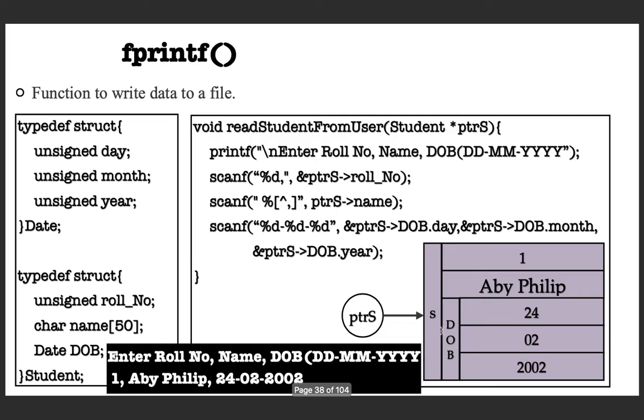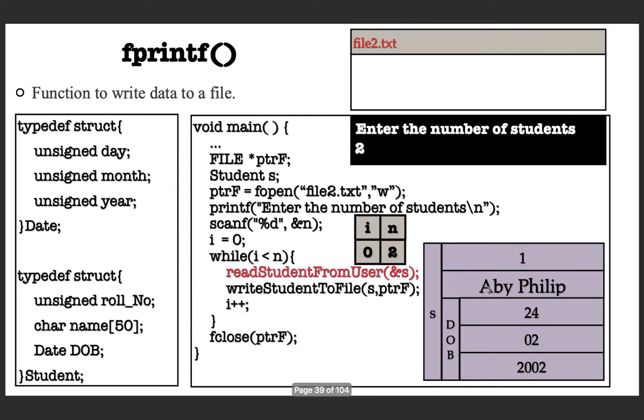And now you know that by using the pointer, you have actually stored all these values in the memory, which is accessible to the main function. So if you return to the main, you came back, you see that whatever value you read in this function is accessible from here.